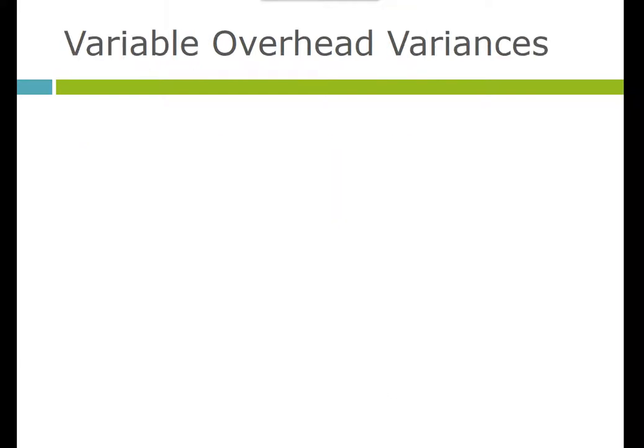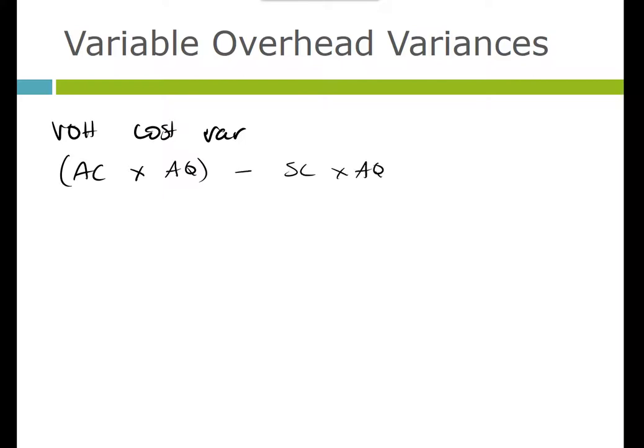So variable overhead looks a lot like direct labor and direct materials. So the variable overhead cost variance is the difference in the price times the actual quantity. Sometimes, the way they give it to you, you'll actually use the long formula, which will be the actual cost times the actual quantity, so what I actually paid, minus the standard cost times the actual quantity.